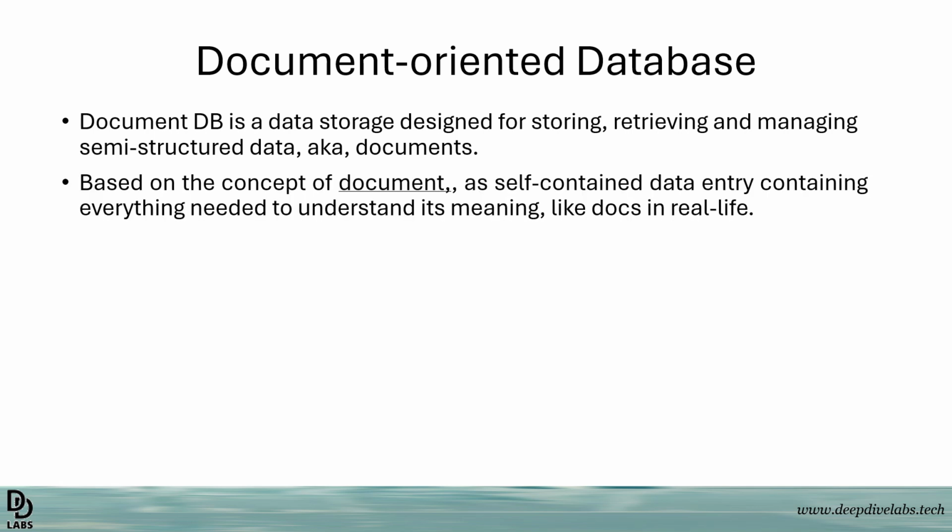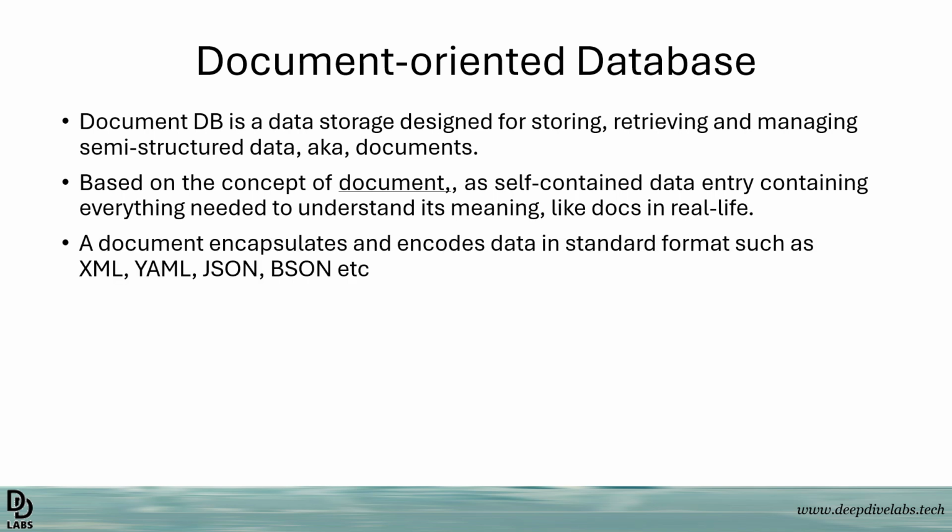It is based on the concept of a document as a self-contained data entry containing everything needed to understand its meaning, like documents in real life, right? So you are storing the document as such, which encompasses all the related information along with it, right?